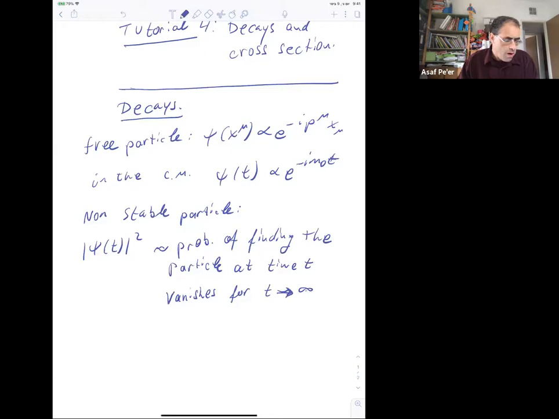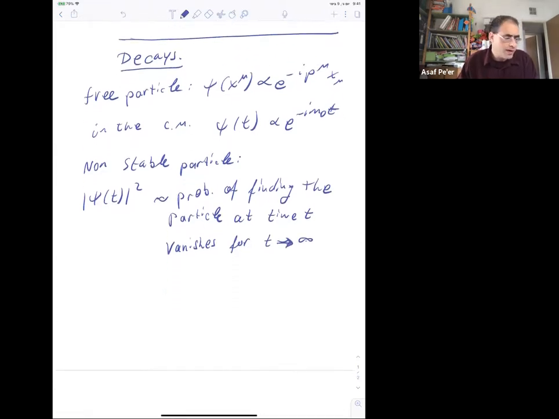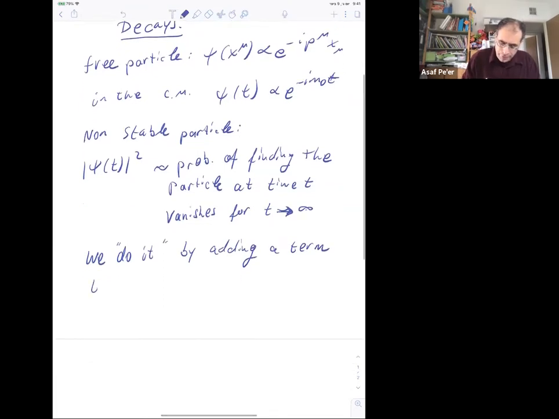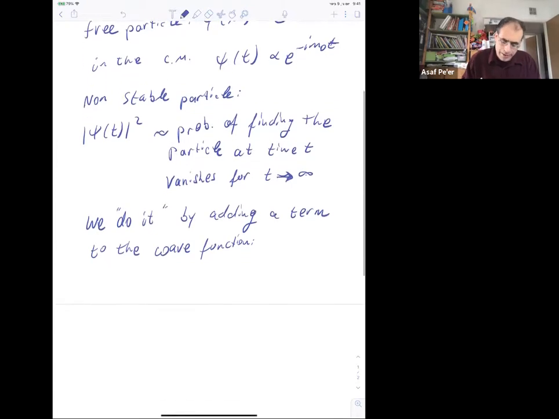So the way to do it is we're adding a term to the wave function, which now becomes psi of t proportional to e to the minus i m_0 t, but then times e to the minus gamma t over 2.